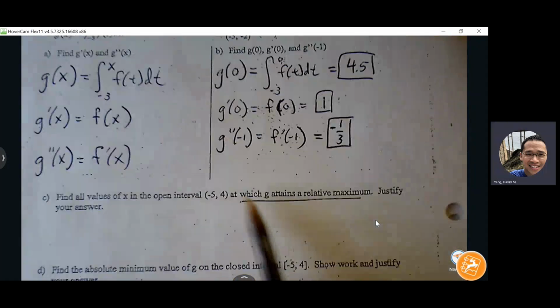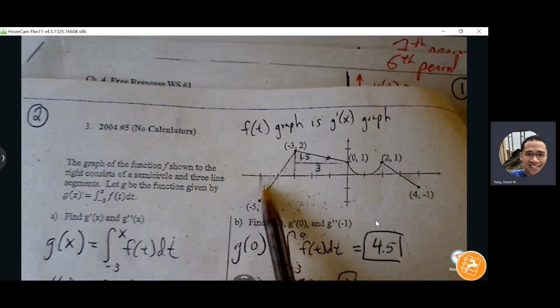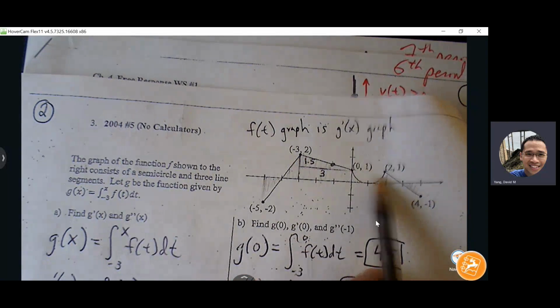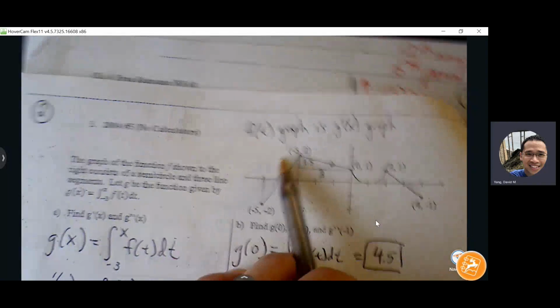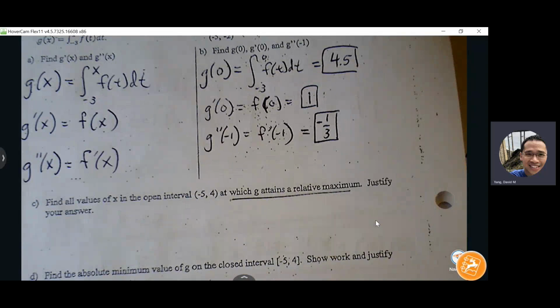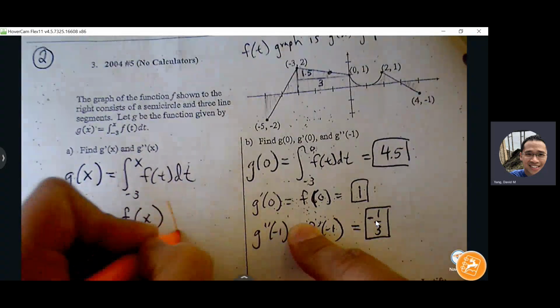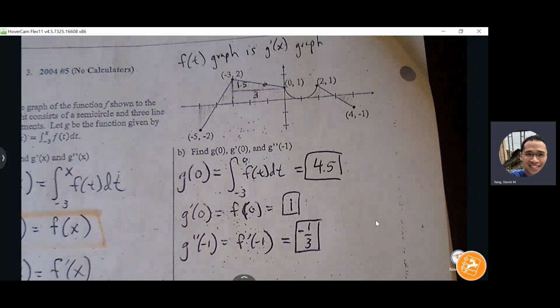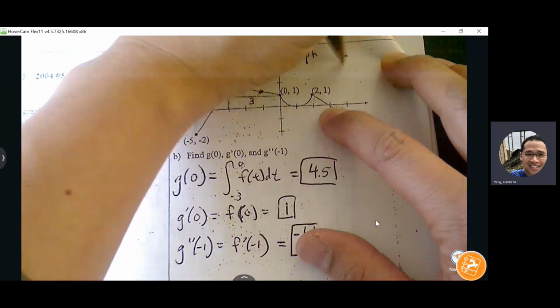So if we want to find relative max, we can't just look at this graph and say, oh, that's -3 and at 2, because this is the f graph, but this is also the g prime graph. So it's not asking where the f graph attains a relative max, it's asking where the g graph attains a relative max. So we go back to this relationship here, g prime is equal to f of x, and we just have to understand that this is the g prime graph.